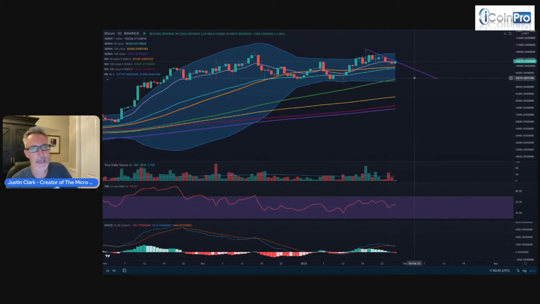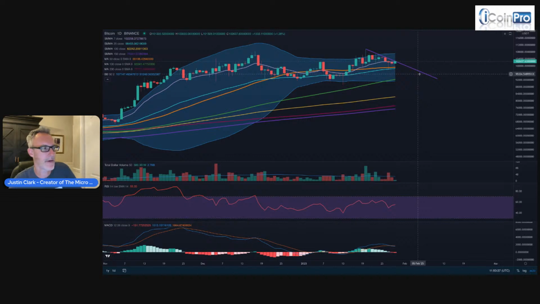We could lose this moving average. Anyway, all sorts of stuff could potentially go wrong if we lose 90,000. So we got to keep a really close eye on that level. So right now it's 110, staying above 100. Then we got 94, 95, 90,000, this area down here to really keep a close eye on.